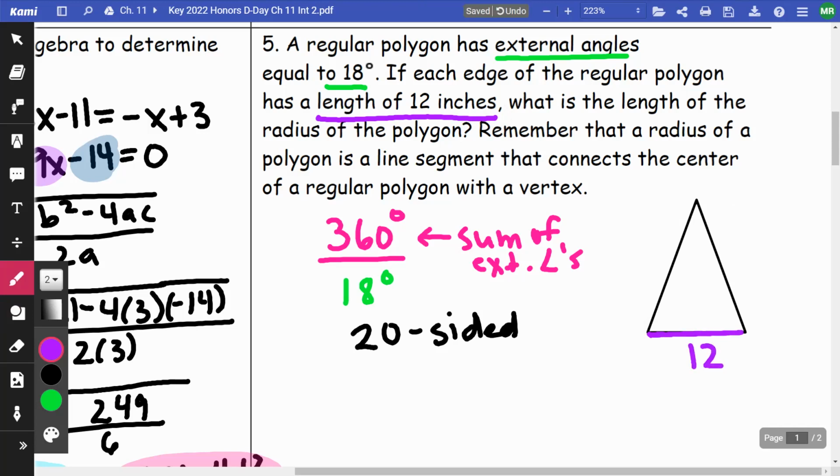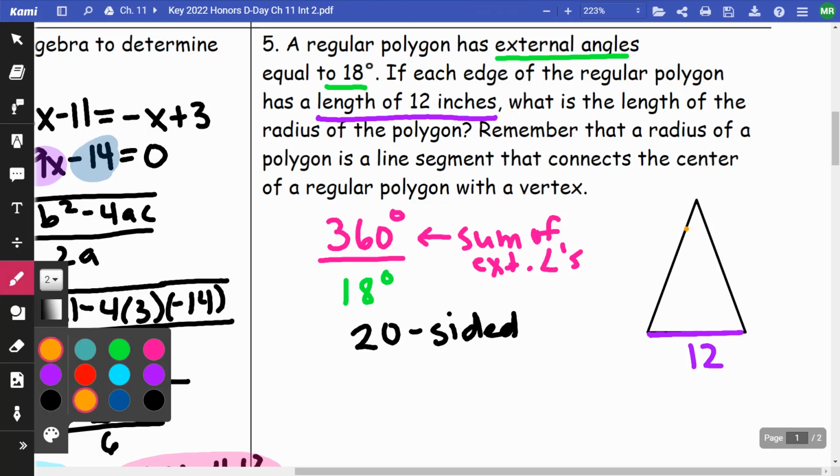I know the angle formed here, because I have 20 of these, I apologize, is going to be 18 degrees. Whatever a single exterior angle is, that's what your central angle is also going to be, because it's also 360 divided by 20 sides, and that gives me 18.